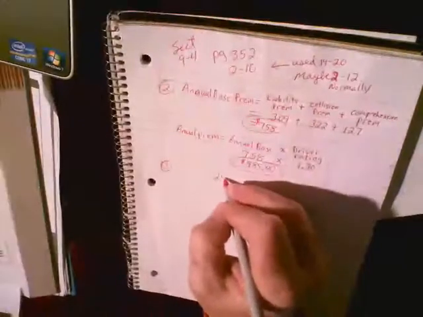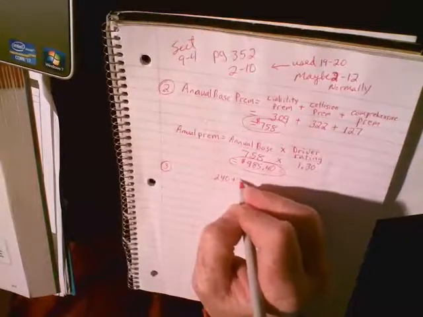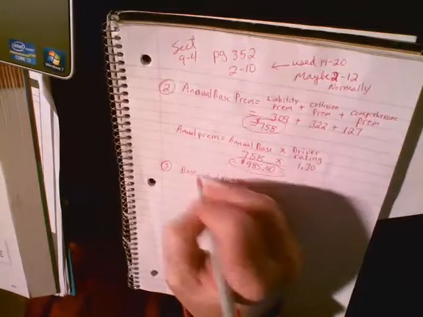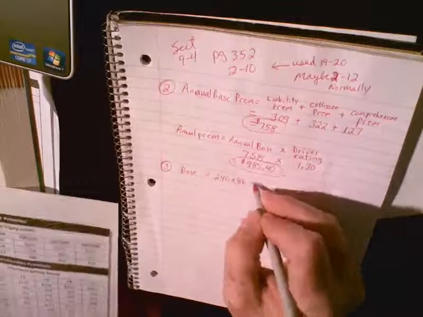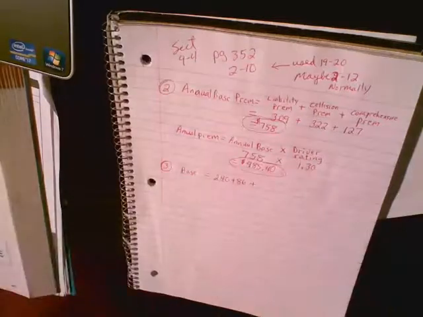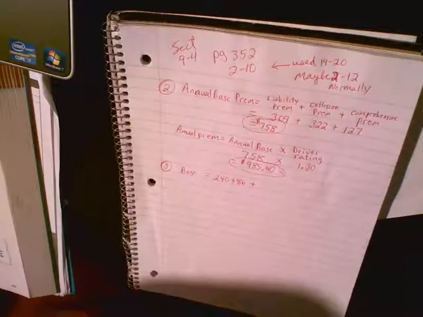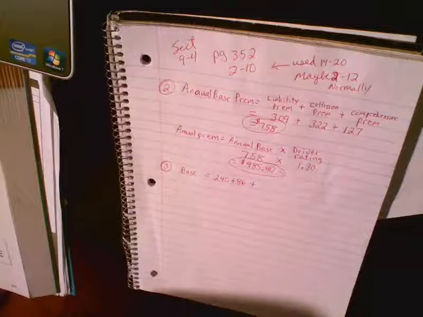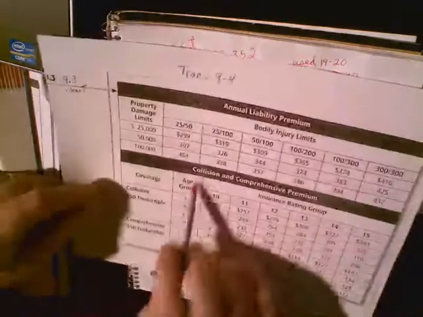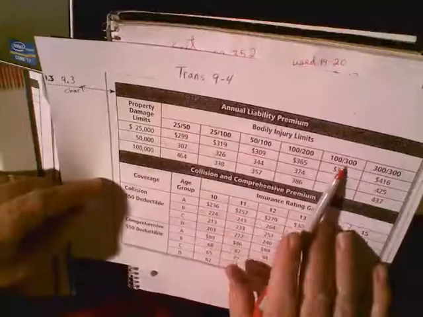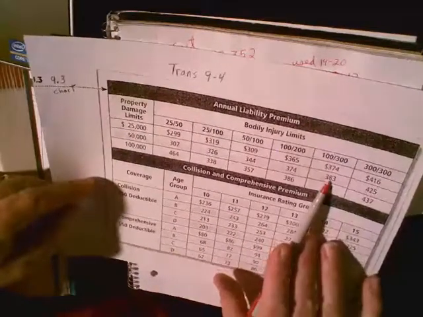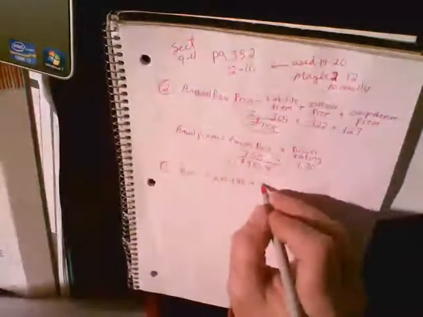So 240 plus 86. This is going to give us our base premium, plus she wants 100/300 bodily injury and 50,000 property damage. So we look up here, 100/300 is out here, and 50,000 property damage, so 383. So that's the other one we're going to add on to that.